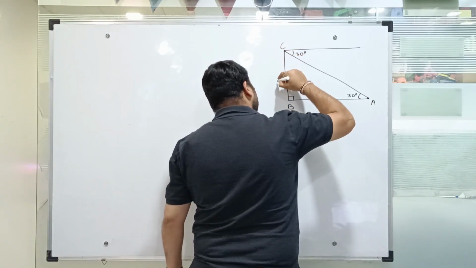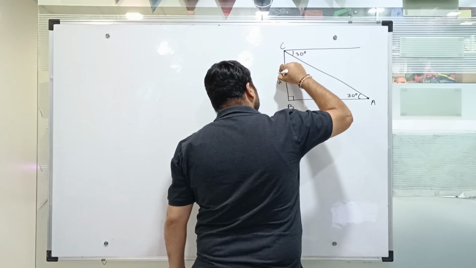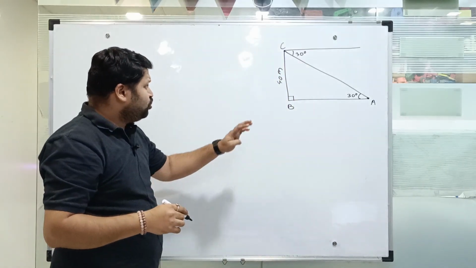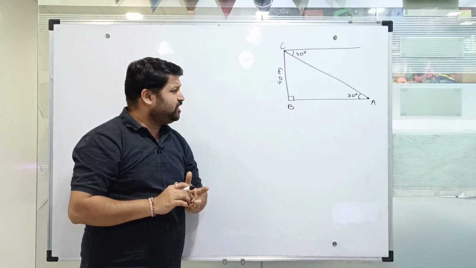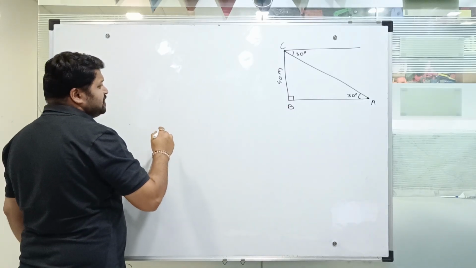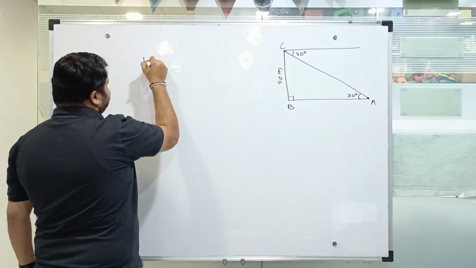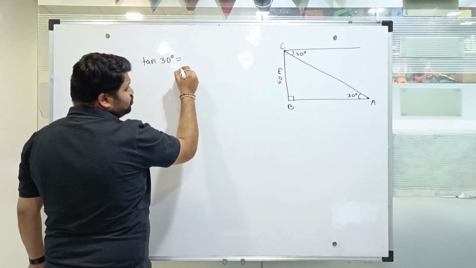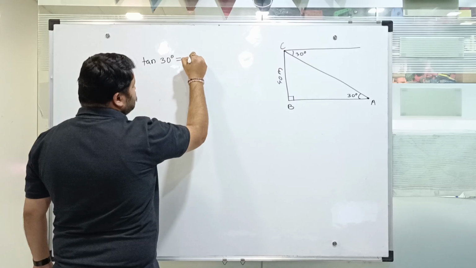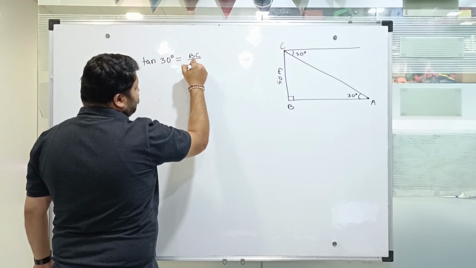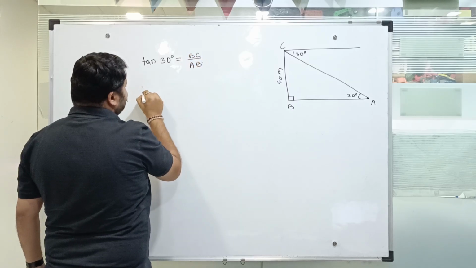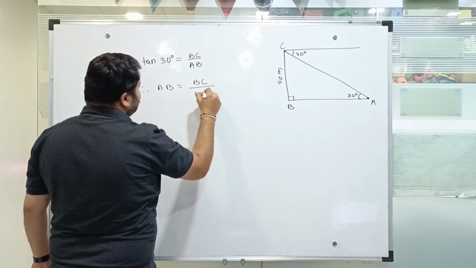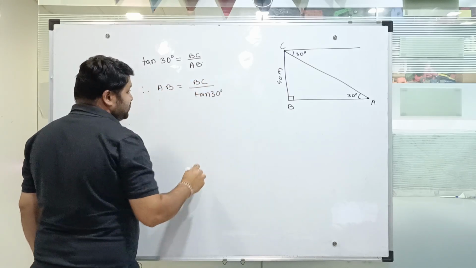My BC is 40 meters and I need to find my AB. So if you look at the figure, it is pretty clear that I can write tan 30 degrees is equal to BC upon AB. So therefore AB is equal to BC divided by tan 30 degrees.